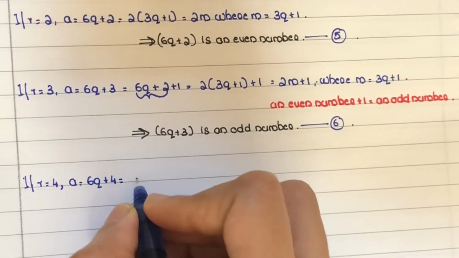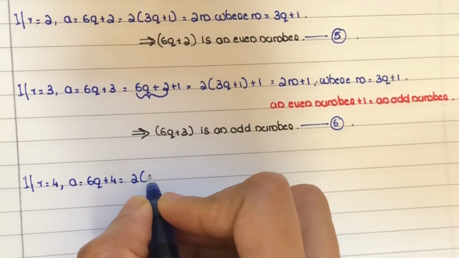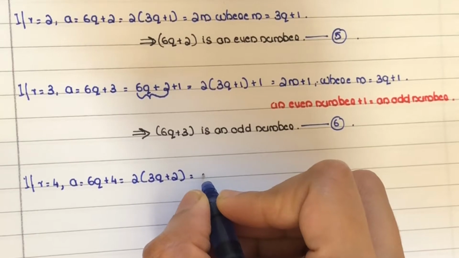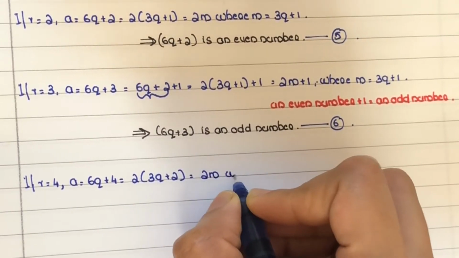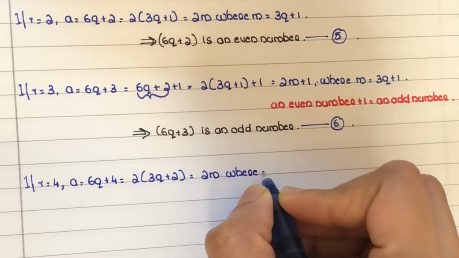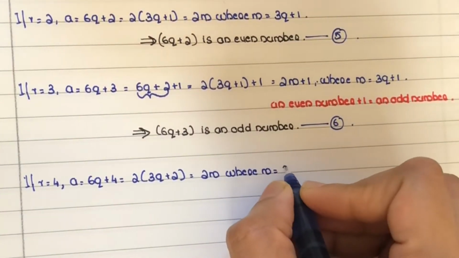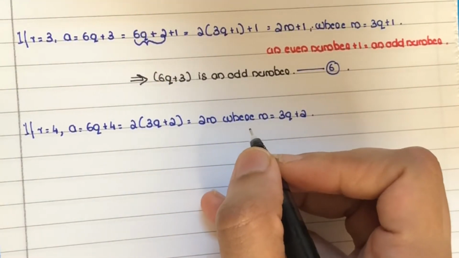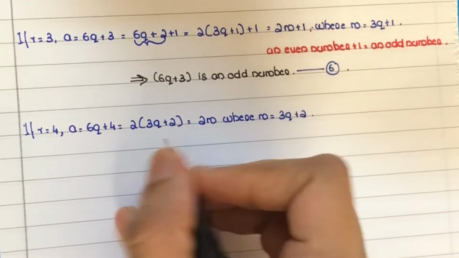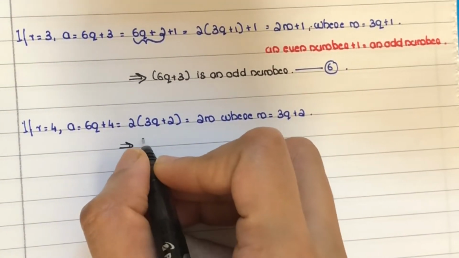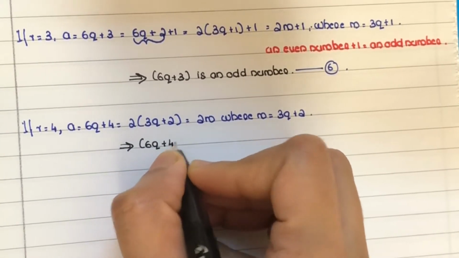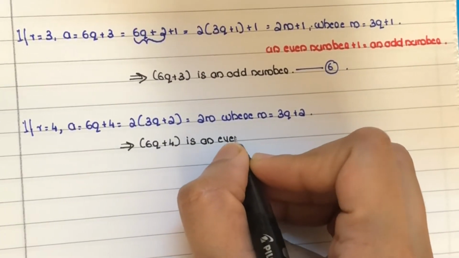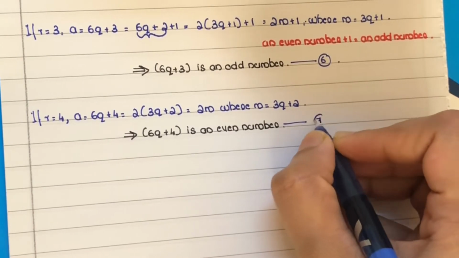Here you can take 2 outside, that is 2 into 3q plus 2, that is equal to 2m, where m is equal to 3q plus 2. 2m, 2 into an integer, that means it's an even number. So 6q plus 4 is an even number. Now consider this as equation number 7.